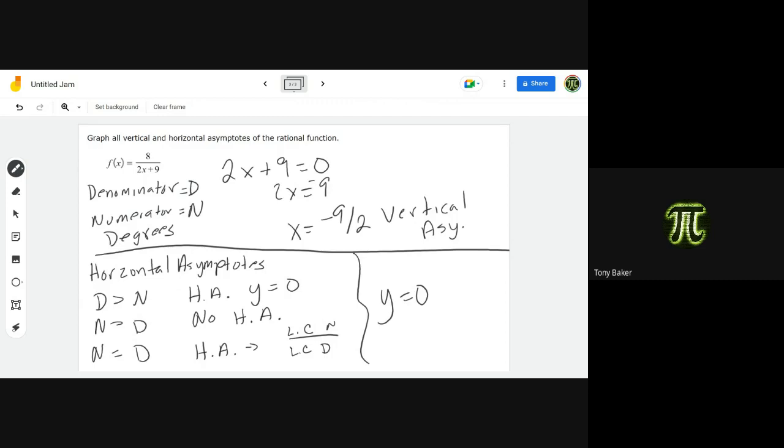Remember, if there's no x, my degree is 0. And if there's no degree listed on a variable, then it's 1. So in this case, it's 0 over 1. So that would be 0. You can graph these. I would suggest graphing them on a calculator so you can see and verify your answers.